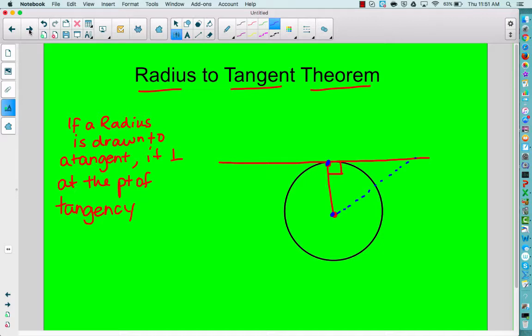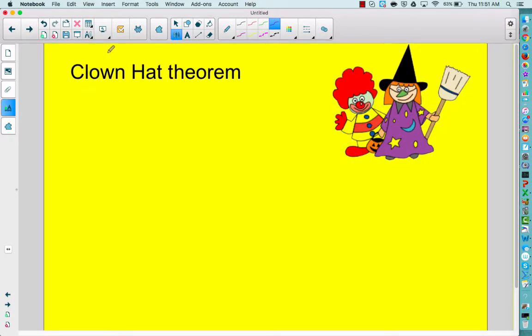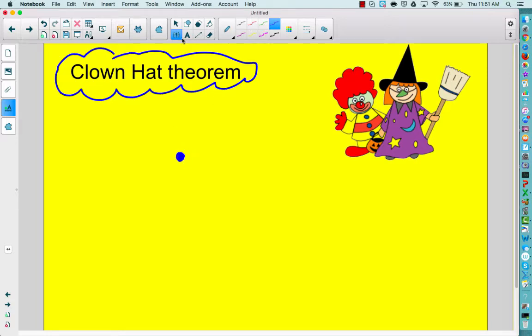All right, the next theorem, the clown hat theorem is what I like to call it. If I take a point and a circle, and I draw from that point 2 tangents, their distances would be equal to each other.